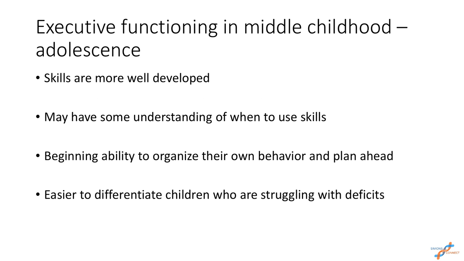They can also start planning ahead and coming up with strategies about how to get through a certain task that might be difficult. At this point, they might have more understanding about when they need to use these skills, because they are able to organize and plan and come up with ideas about how to move forward.